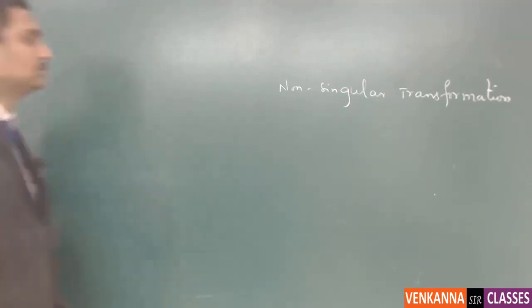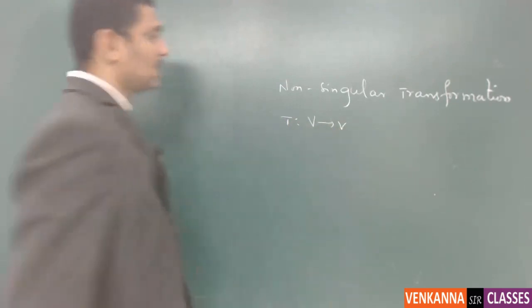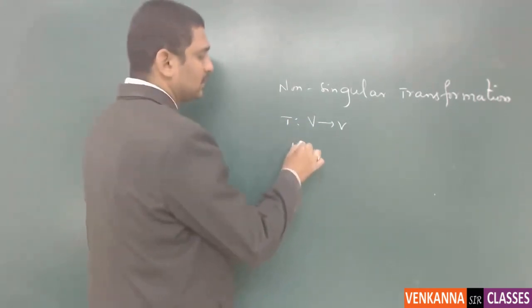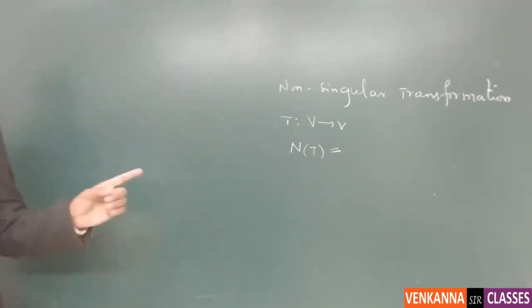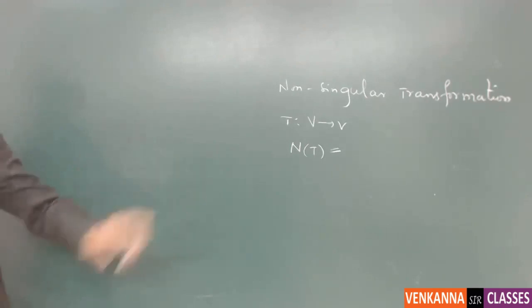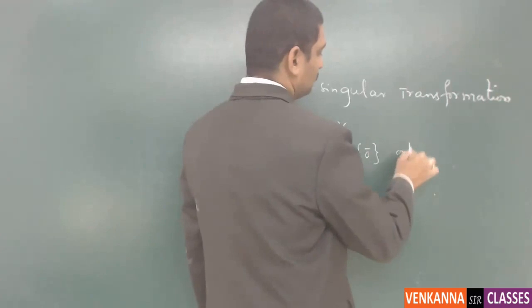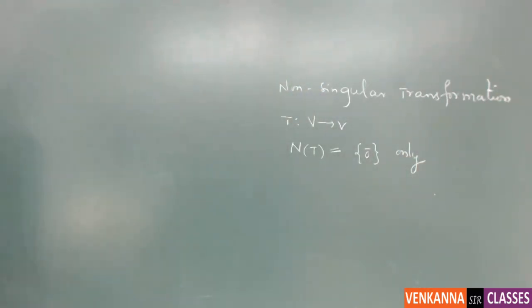Suppose T is a transformation from V to V. Now, if you consider the null space of T and it contains only the zero vector, then we say that T is a non-singular transformation. Why?